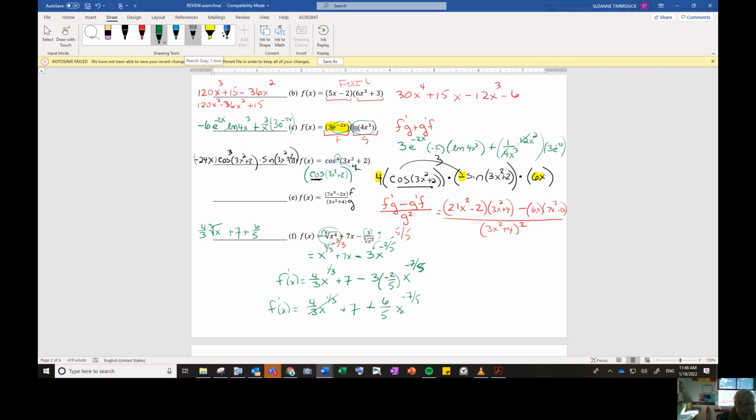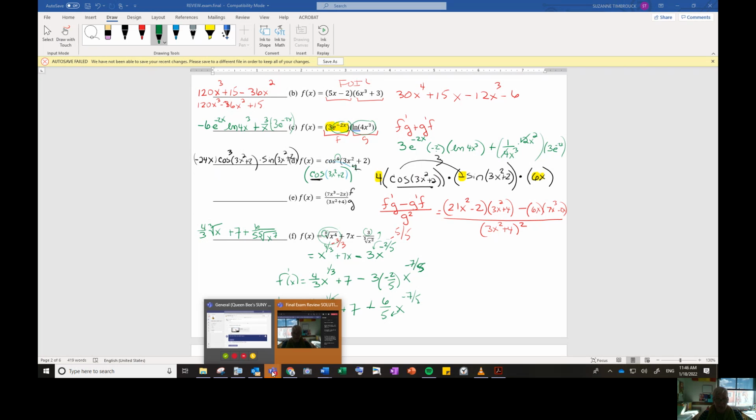This is a negative exponent, so move it to the denominator as a positive, and we end up with the 5th root of x to the 7th on the bottom. Okay, that was page 2.